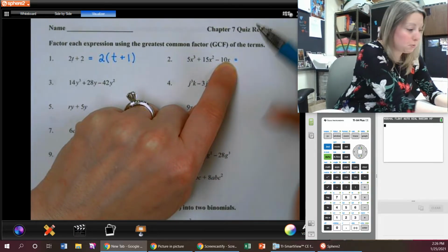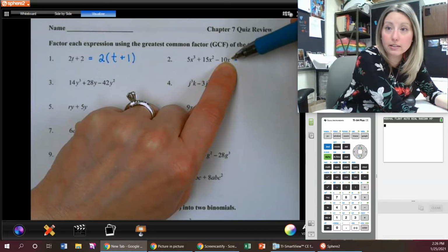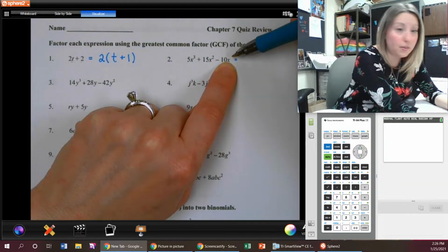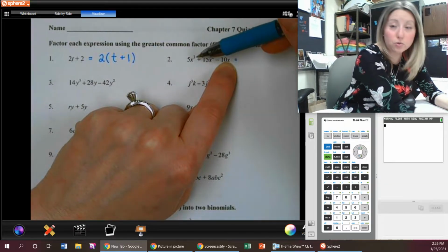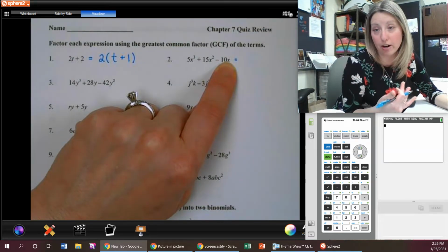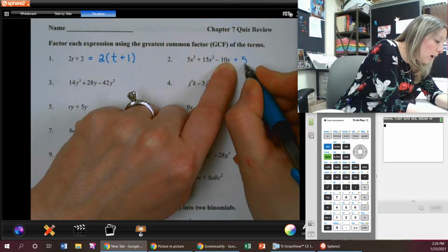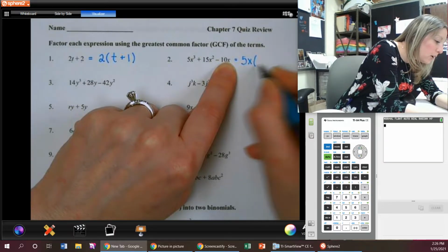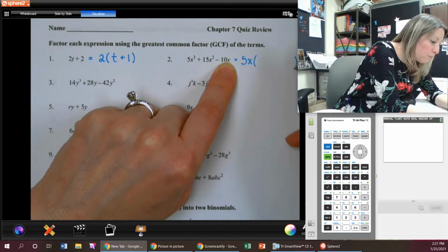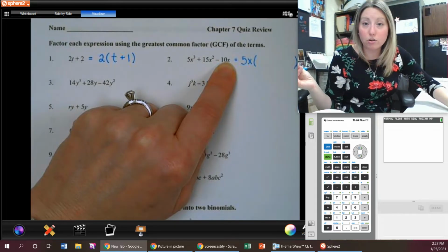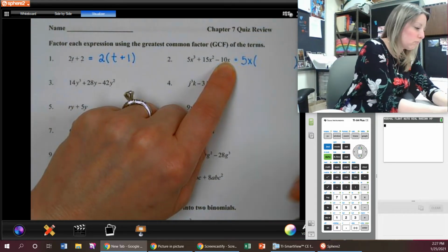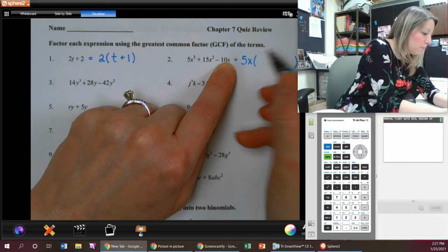And the reason I know that is because this last term, the x exponent is only 1, and that is the lowest I have. So that's the most number of x's I can bring out of all present terms. So 5x is my GCF, and now I make an empty set of parentheses big enough to hold a trinomial as an answer. And now I do dividing by each term.